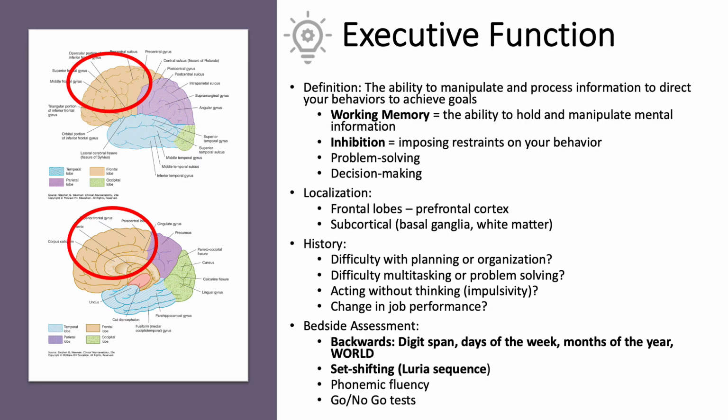So when people begin to have problems of executive function, sometimes you see that they become disinhibited. So executive function is really a frontal lobe predominant cognitive domain. So anything that causes injury to the frontal lobes can really begin to manifest itself with changes in cognitive function of executive function.